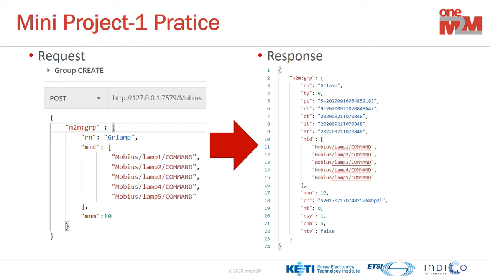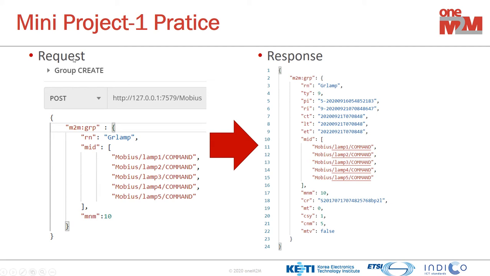And to do that, as we saw from the resource tree, we will create the group lamp once we create those lamps by the simulator UI. And to send the messages to different lamps at once, we will create the group having members, and those members would be the actuation container resources.